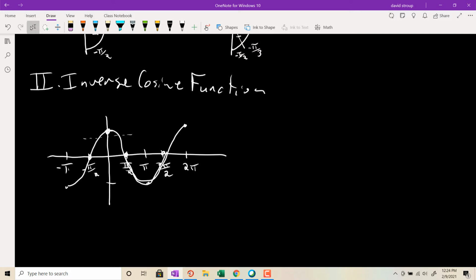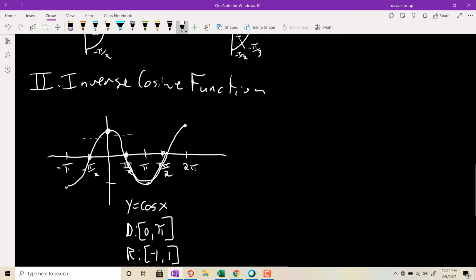So what we need to do is shift our domain to make this work, and the domain we use traditionally is going from 0 to pi. The range then will be based off the amplitude, negative 1 to 1.